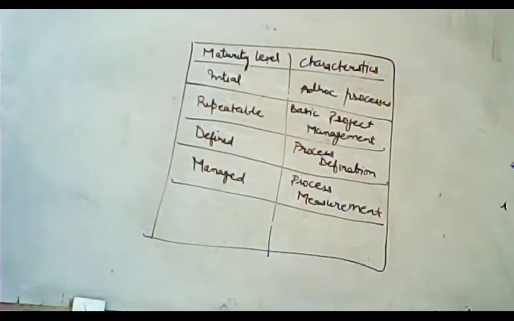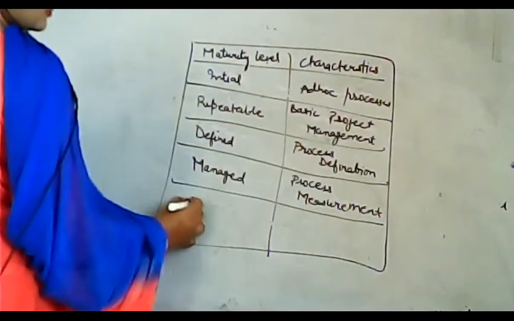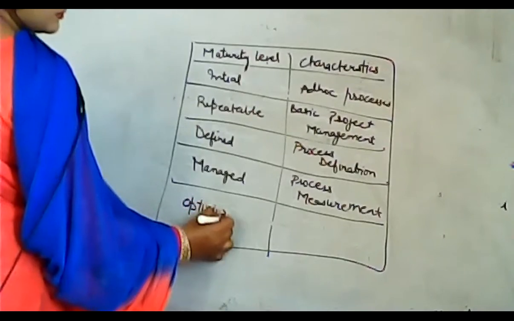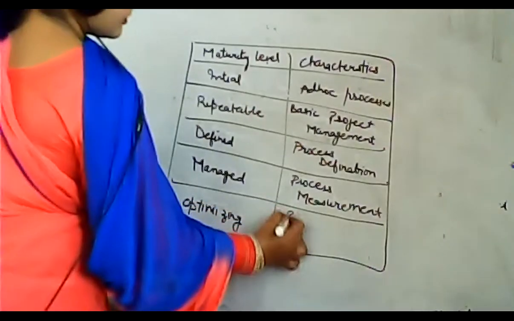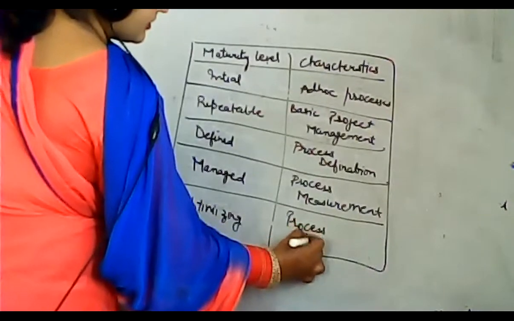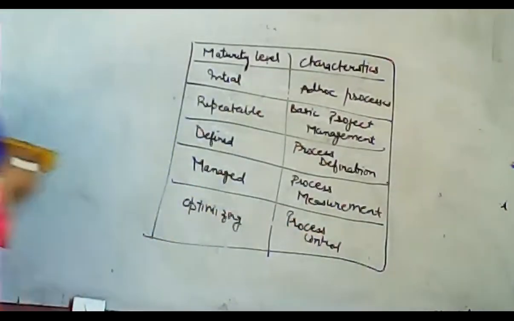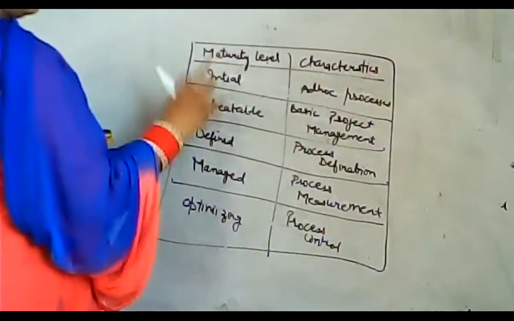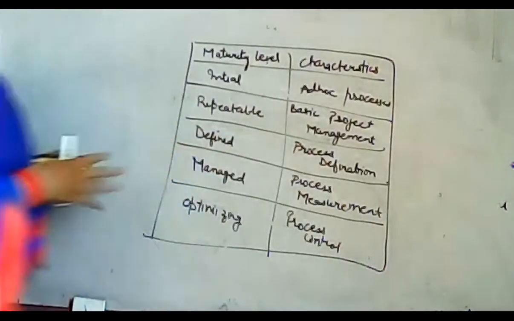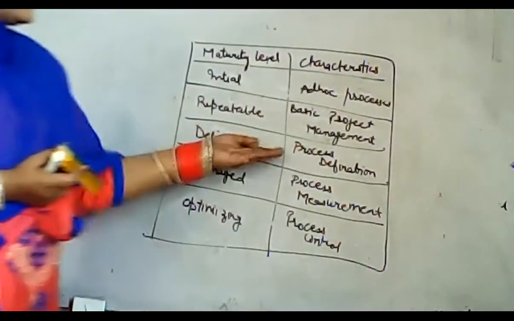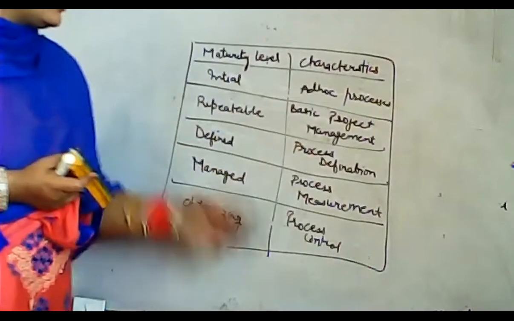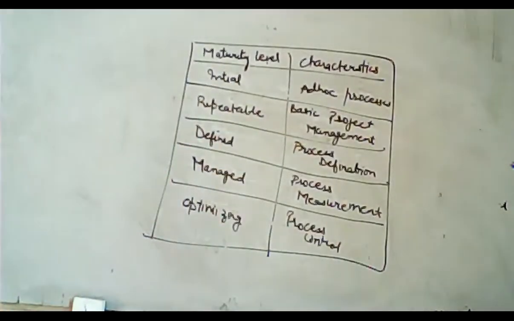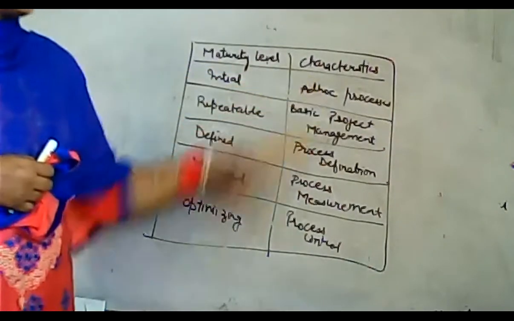Next is optimizing: process control. So at the maturity level initial, we deal with ad hoc processes. In repeatable, basic project management. In defined, process definition. In managed, process measurement, and optimizing is process control. Study these things in detail. These are the characteristics.